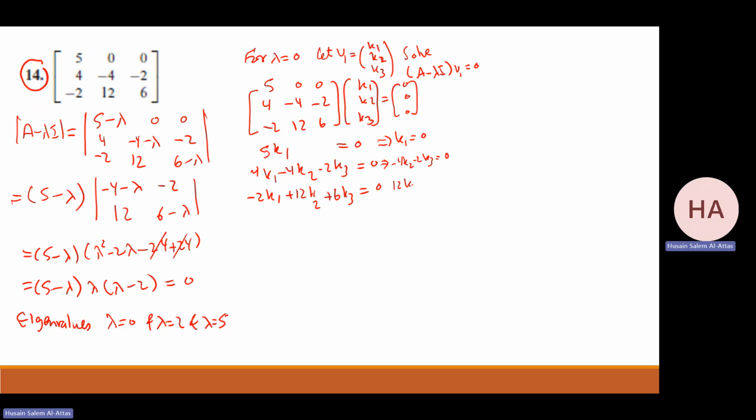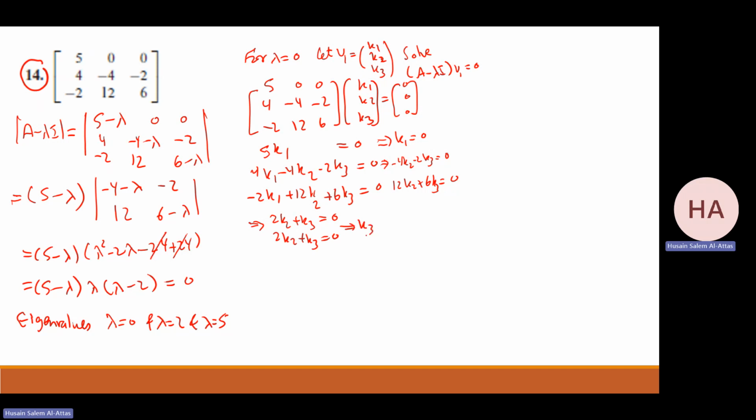And this equation the same, 12k2 plus 6k3 equals 0. If you notice, these are the same. If we divide the first one by minus 2, you get 2k2 plus k3 equals 0. If I divide the second one by 6, you get the same equation.